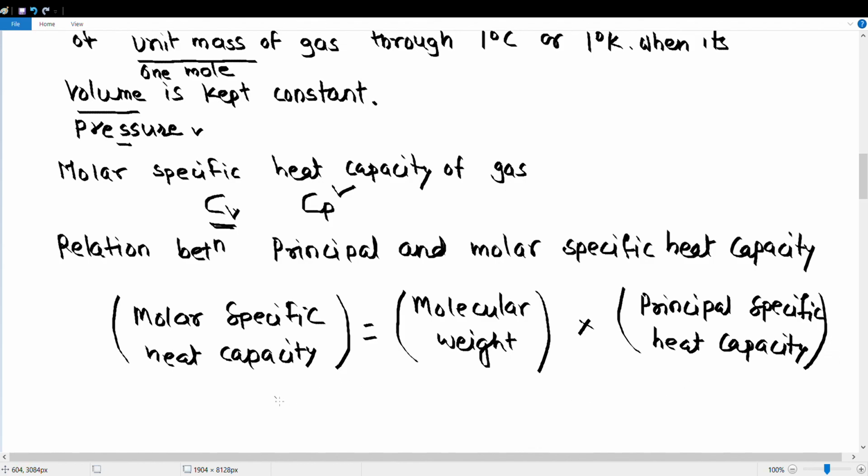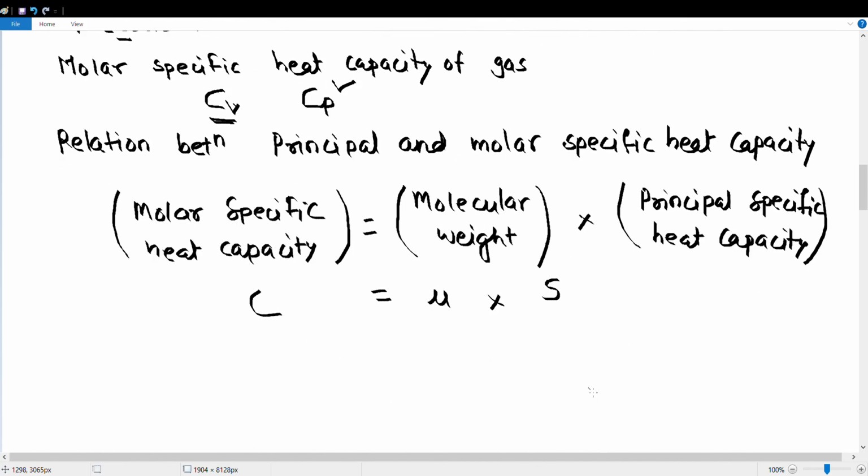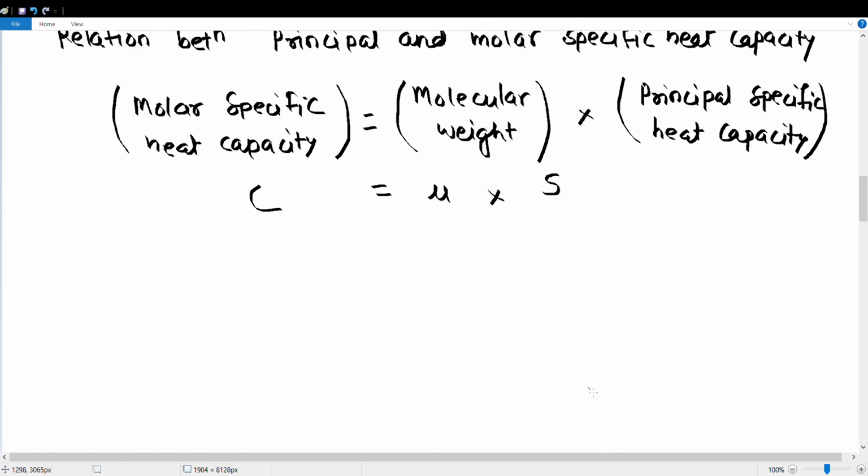Here the molar specific heat capacity is denoted by C, the molecular weight is denoted by mu, and the principal specific heat capacity is denoted by S.